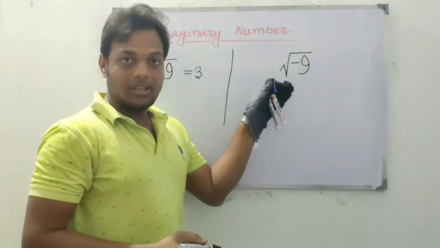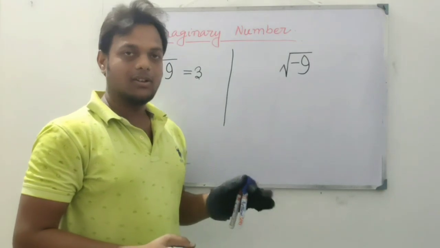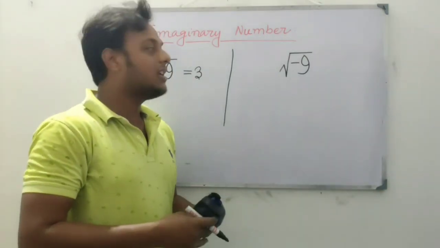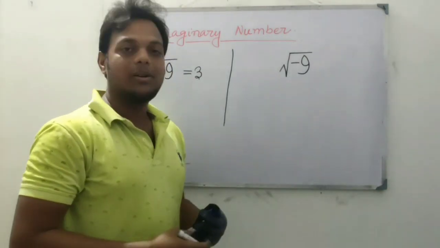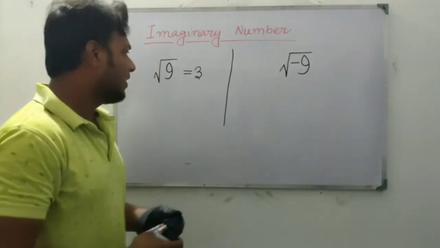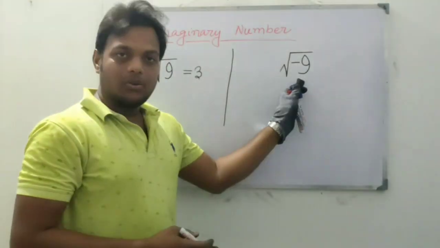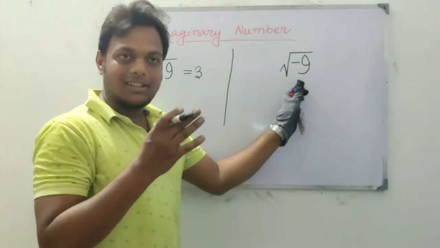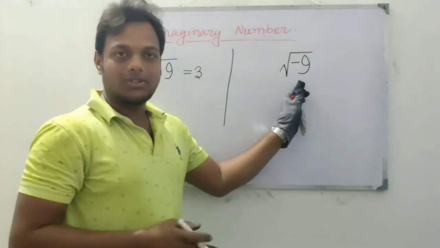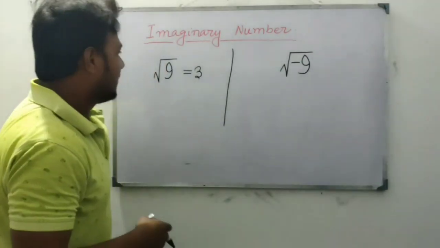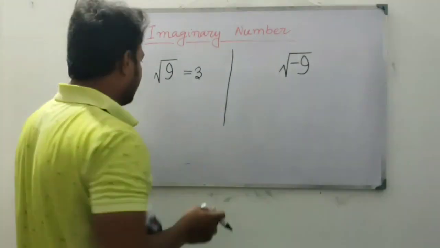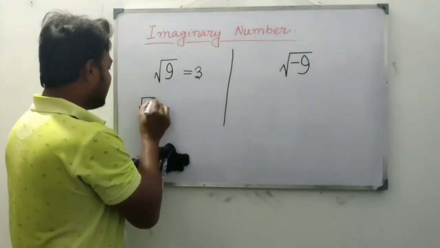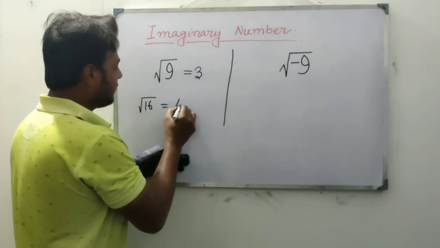Is anyone able to give the answer? Let's try to find out the value of root over minus 9. We know how to calculate the square root of a number. Suppose root over 16 is there, then easily we can write 4. Why?